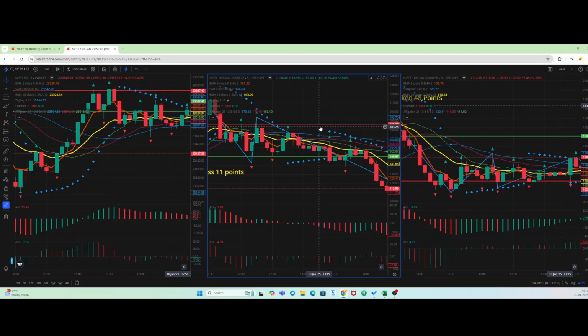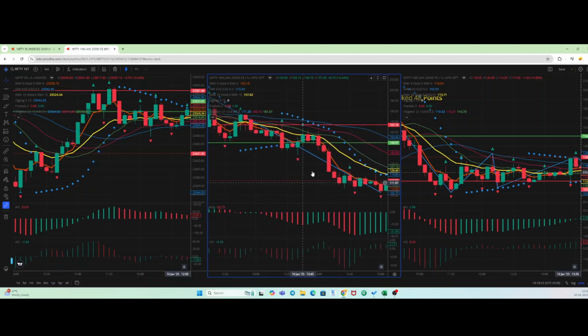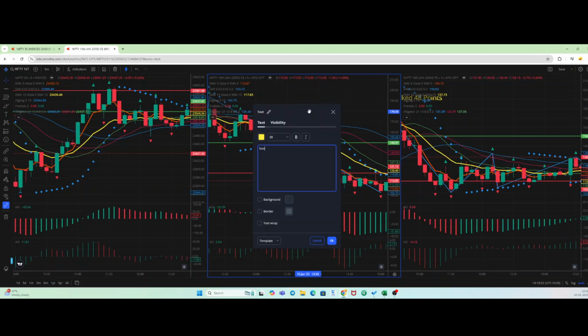Here I kept it a little longer because these all are green candles. That is why I did not change the stop loss. I put the stop loss here as it is, 149 we entered, and here only I changed the stop loss. Then again I changed it up to this area, 121. Up to 121 I took this. That means here we booked 28 points.